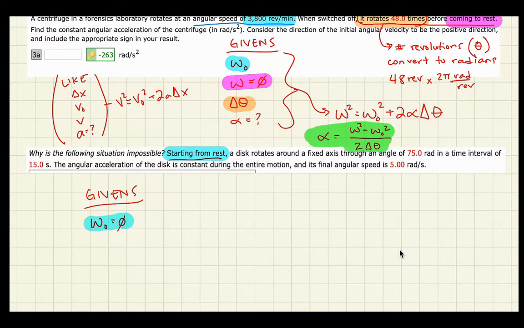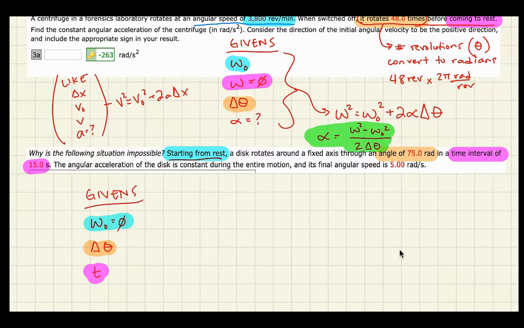And then we rotate around a fixed axis through an angle of 75 radians. That is telling me the change in angle, or the angular displacement. So that's another given. And we're given time in this problem as well: a time interval of 15 seconds.